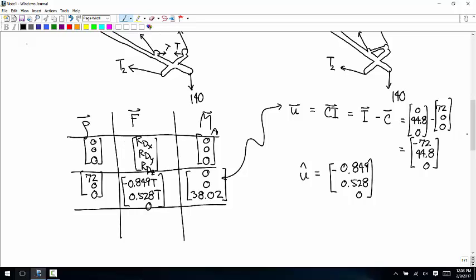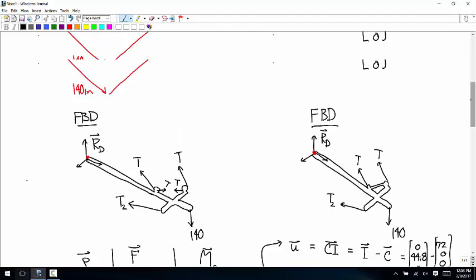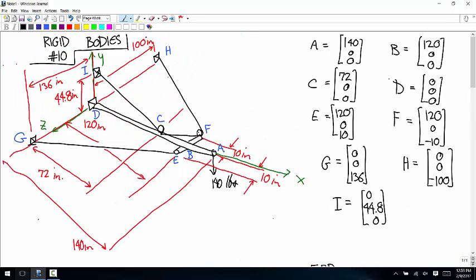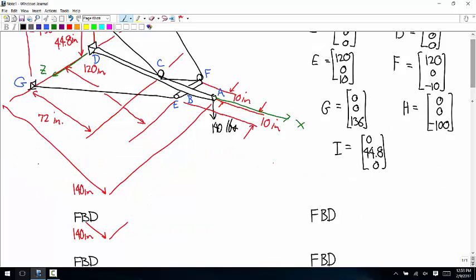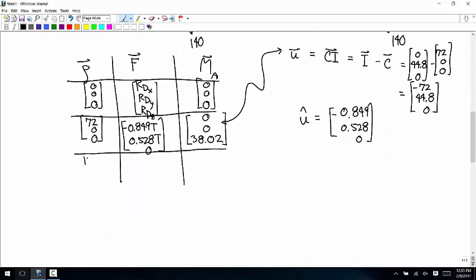Then the next force. So now we're done with this T here at C. The next one is the force from the cable at F. The coordinates of F are 120, 0, negative 10. So that's the row vector.